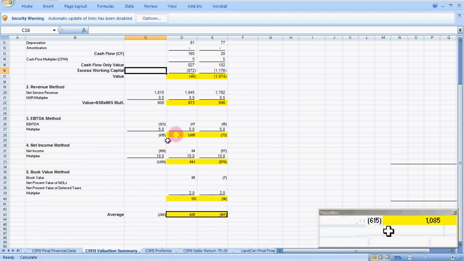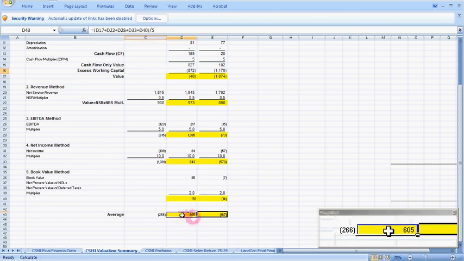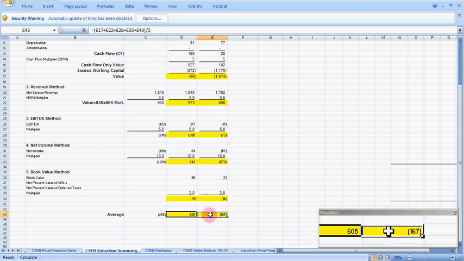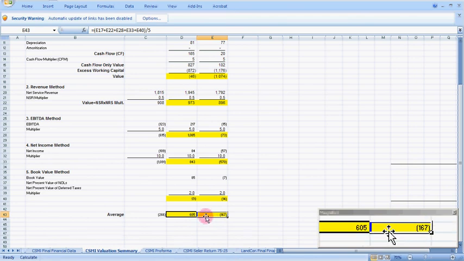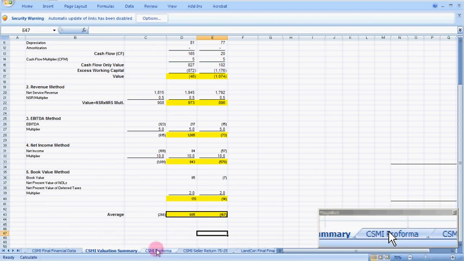And so when you do your beta method, net income method, all the way down to book value, the book value ends up being the closest, but it's down. So we average those out, and it averages to 605, and then 167 for your negative average. So as you can see, the health of this company is going down.